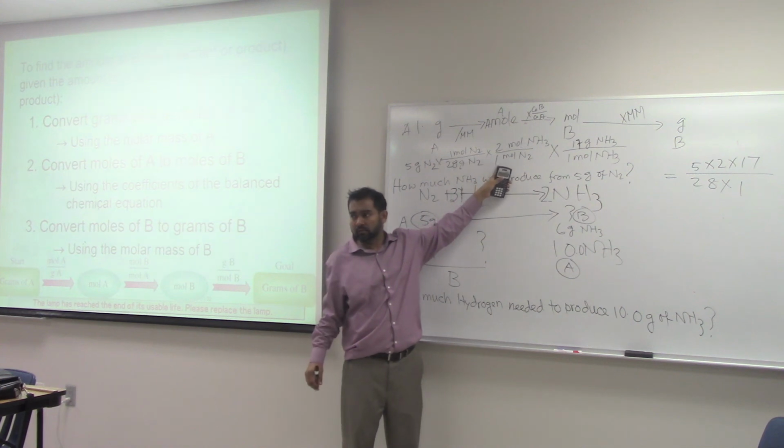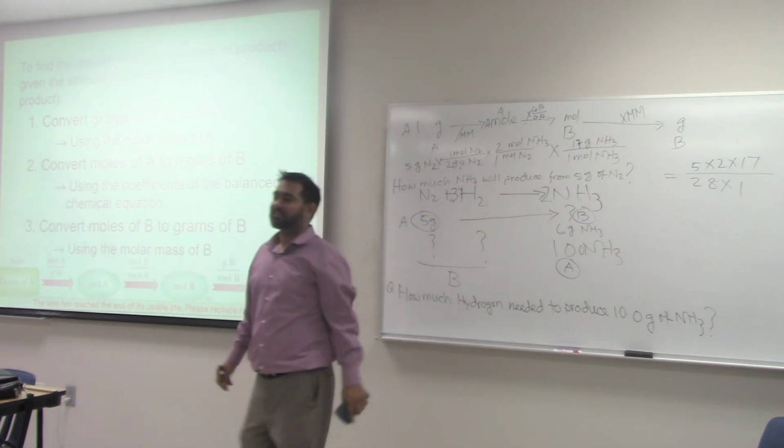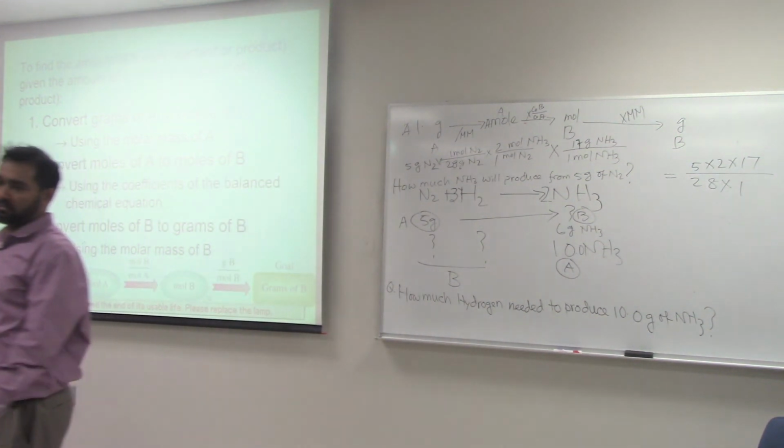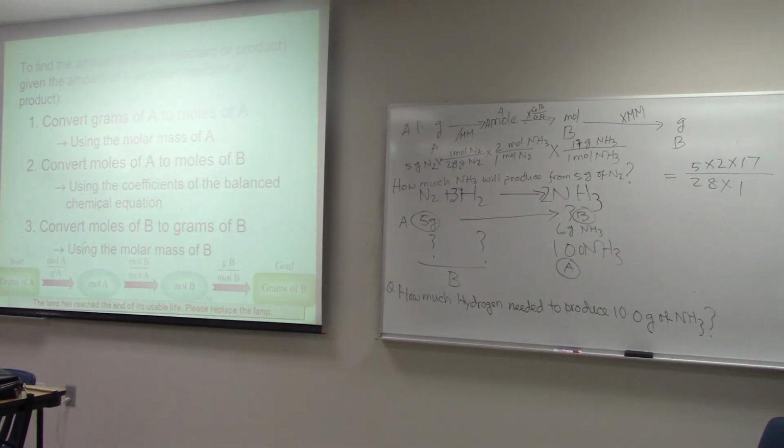Okay. What's your question? Yes, the coefficient you multiply. Please work in a group, please. You're going to get moles of what you know, then moles of what you want, grams per mole.